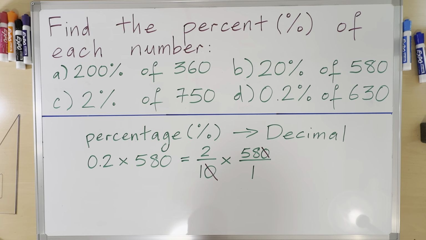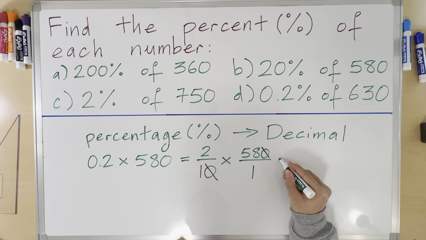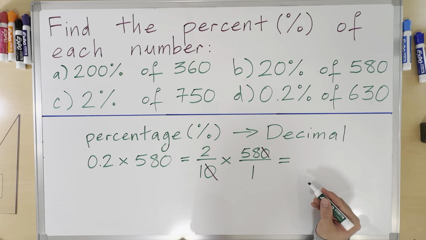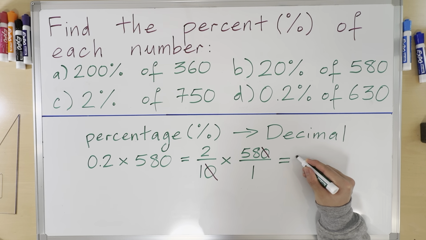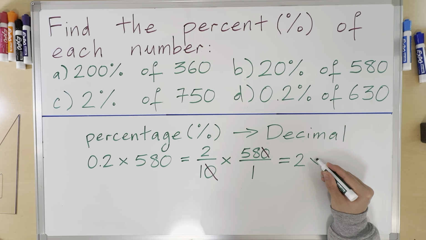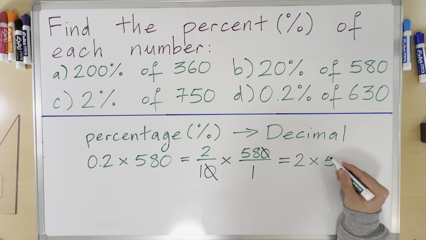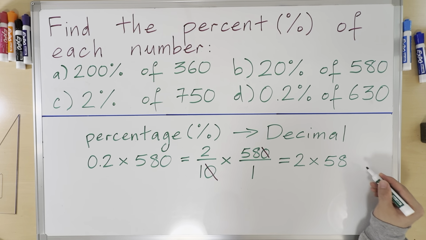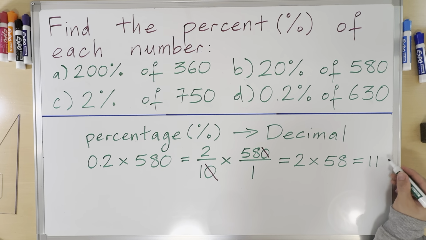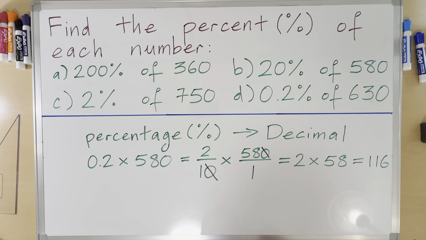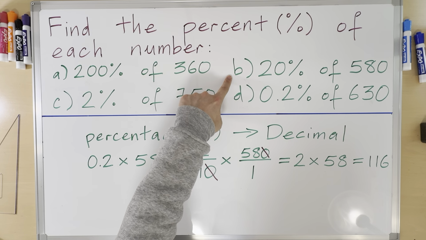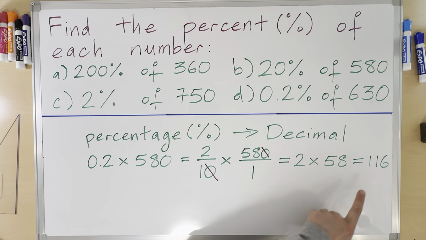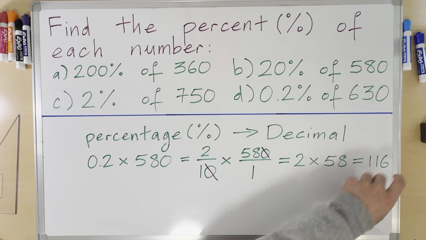This means that the equation now officially becomes 2 multiplied by 58, which will give us 116. And this means that the answer to problem B is 116.